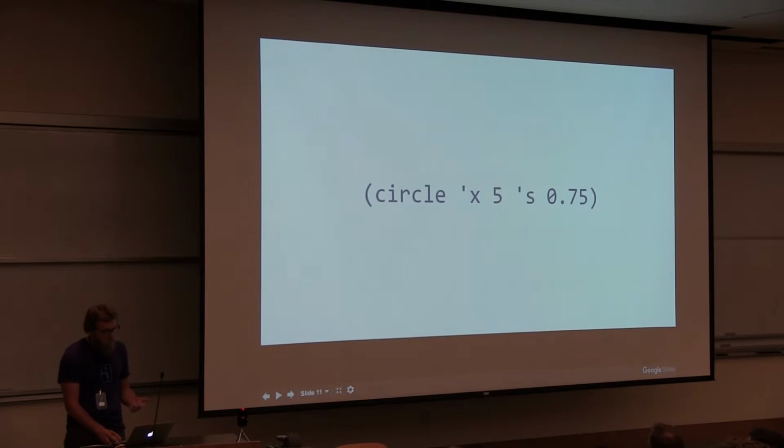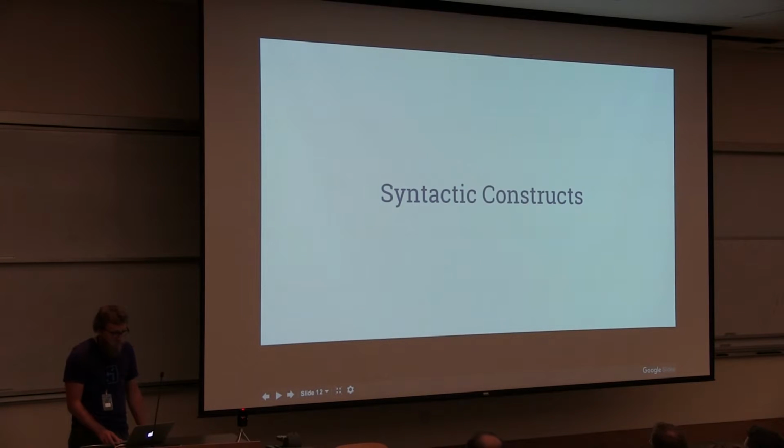And so when we do something like circle x5, s0.75, what we're really doing is we're saying take these current parameters, the current x parameter, add 5 to it, take the scale parameter, multiply it by 0.75. And when we set these parameters, depending on the actual register, they get changed in a different way. So in this case, s multiplies, x adds.